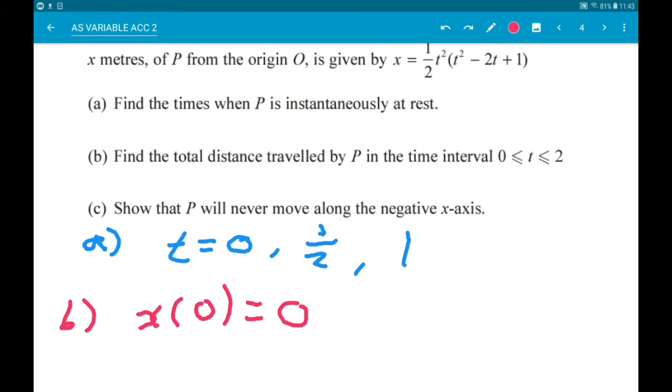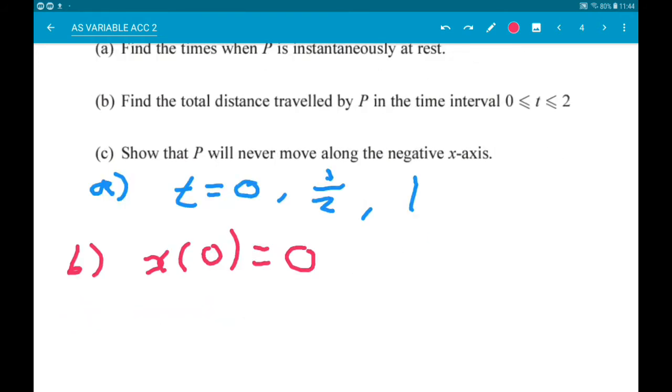Okay, so we then know the particle starts to move. It then stops at t equals 1/2. And then it moves again until t equals 1. And then it moves again. So what we need to do is find the displacements at t is 1/2, 1 and 2.